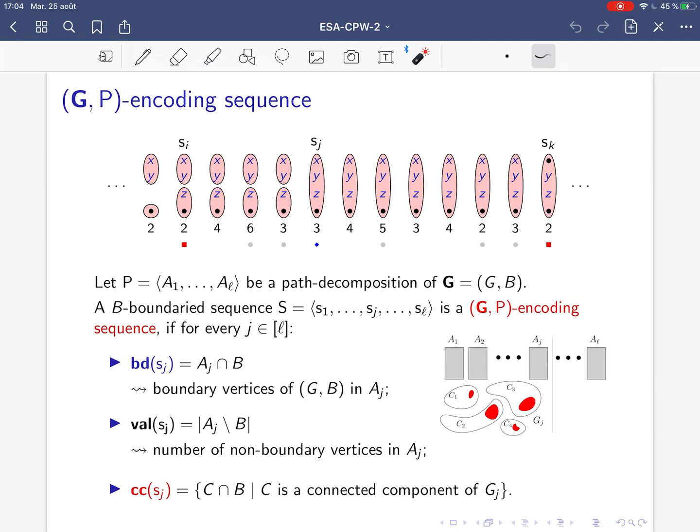And now CC of S_j is simply the intersection of every connected component of the graph G_j, the prefix graph, with the boundary set B. So here, in that case, CC of S_j will correspond to these red subsets.